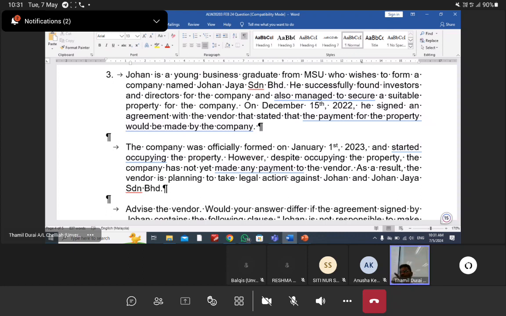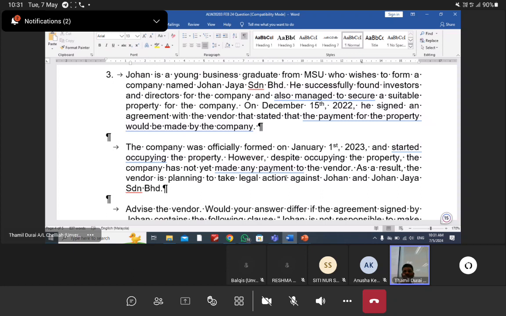Don't go to pre-incorporation yet. Who is a promoter? Define promoter. Okay. Then you go into pre-incorporation contract. First you soundly explain who is a promoter and what duties he owes, and then what is a pre-incorporation contract? A contract entered into by the promoter prior to the company being registered.